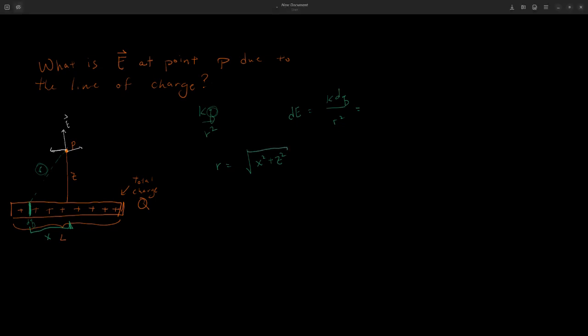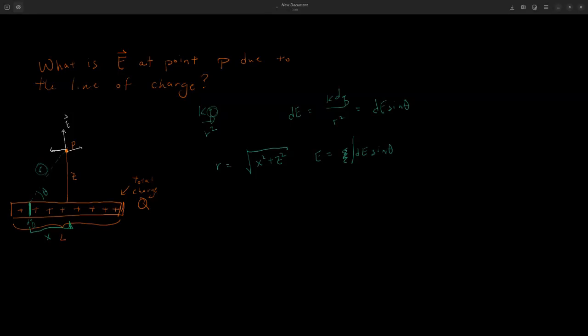Now, one last interesting point of note, when we talked about E only going straight up, that means that dE sine of theta, if theta is the angle that each individual point makes with the radius vector, this would equal my total E. So E is equal to the sum of all the dE's times the sine of theta, or in this case, we can get rid of the sum and call it an integral.